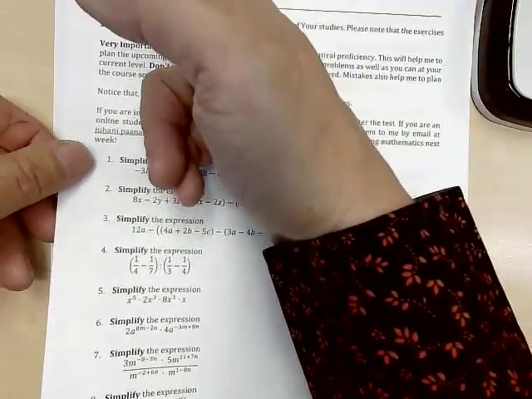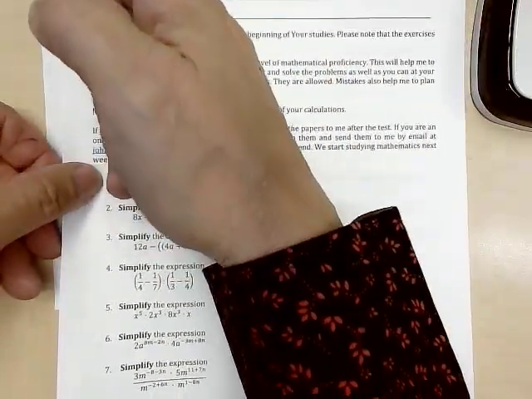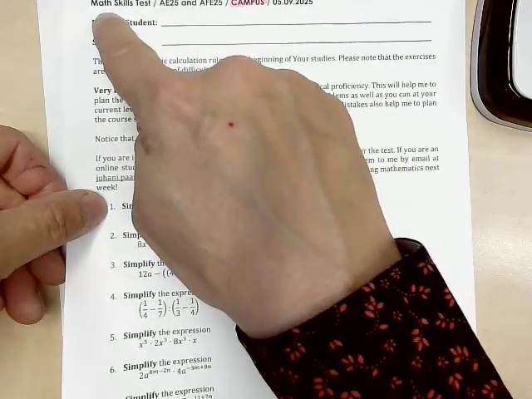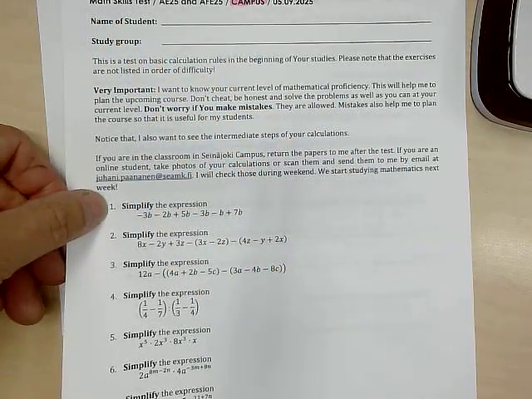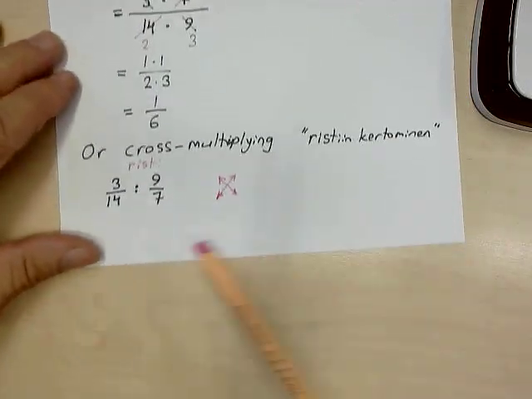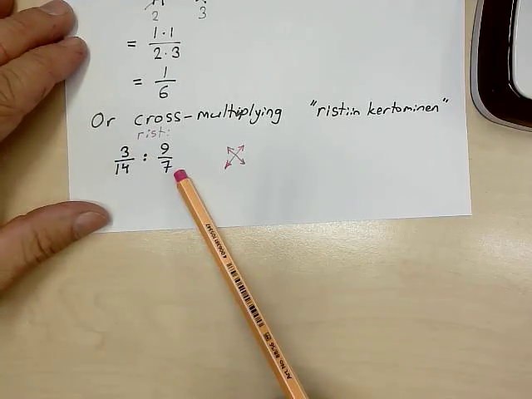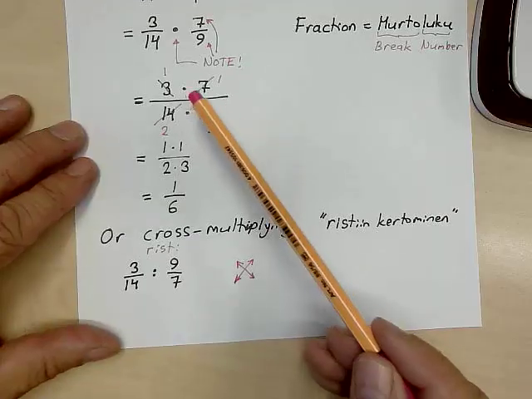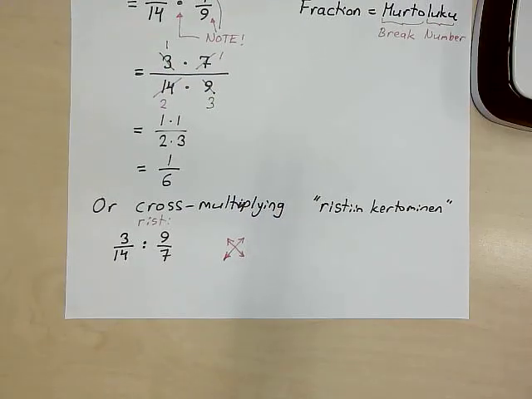So the direction is from this point to this point. This is the usual way to read in Western countries. So this multiplication comes first, 3 times 7, and then 14 times 9, as you see here.